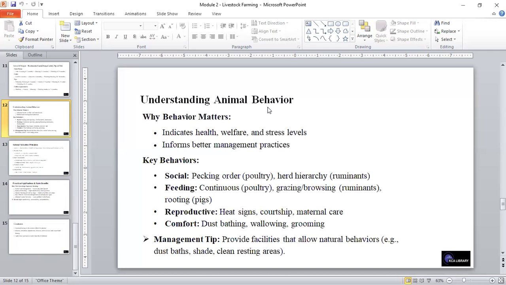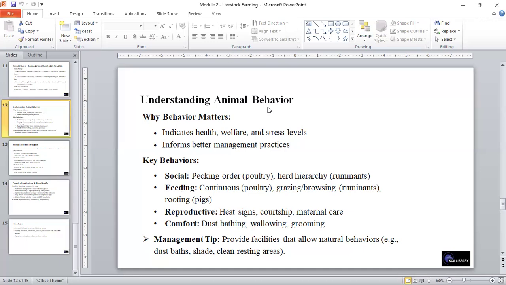Then for ruminants, the herd hierarchy. Then also feeding, continuous feeding for poultry should be watched. Then grazing or browsing for ruminant animals. For pigs, how does the animal root for food? So all this needs to be watched.